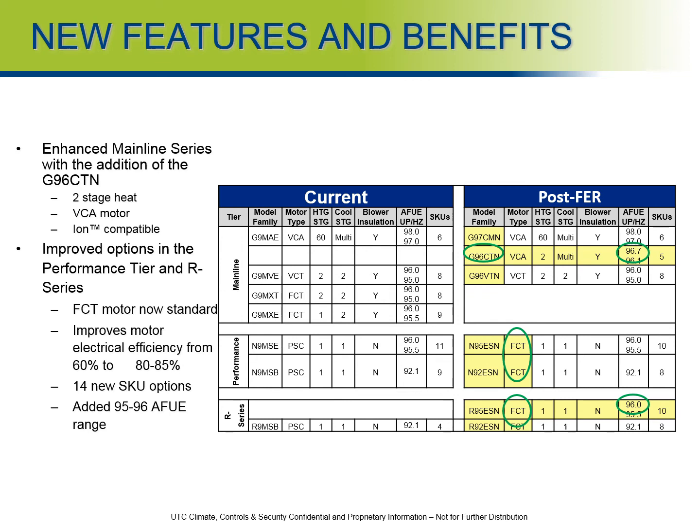And then the next one we're going to talk about is a variable speed constant torque motor. As you can see here on this chart, that variable speed constant torque motor is the motor that used to be used in the G9 or F9 MVE series two-stage gas furnace.